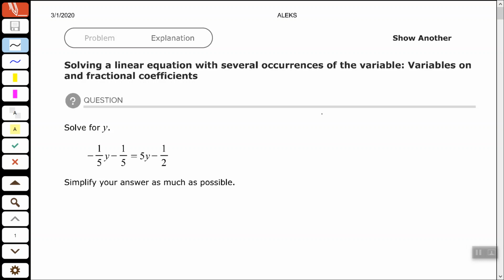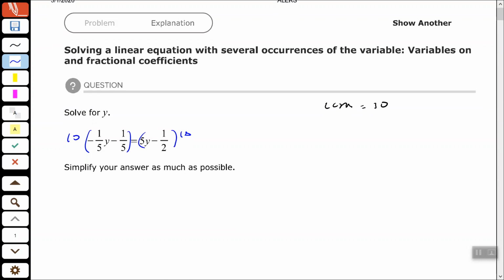So we find the least common multiple of all of our denominators, which are 5, 5, and 2. So the least common multiple, or the first number that those numbers will go into, is 10. Then we multiply both sides of our equation by 10.